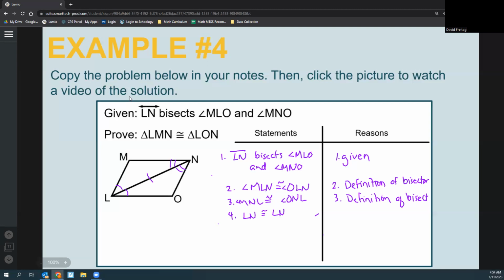It is always going to be okay to say it's congruent to itself. And it's called the reflexive property. The last bit allows me to prove that LMN is congruent to LON. And it is angle, side, angle theorem.